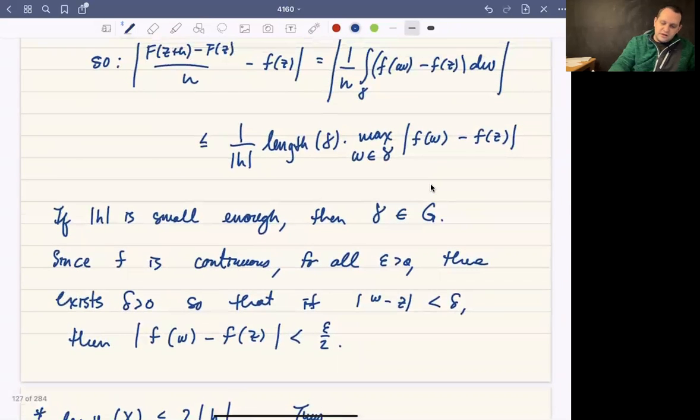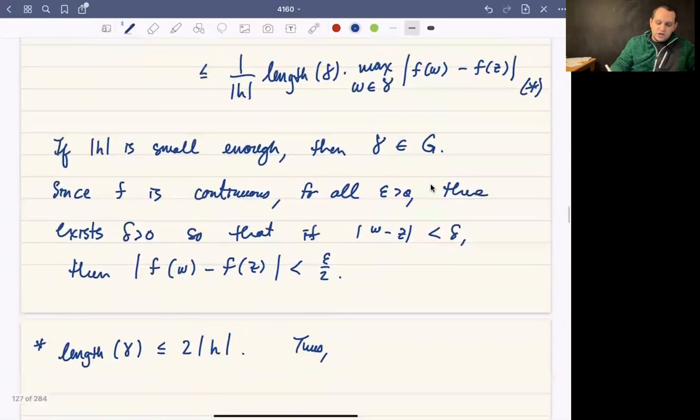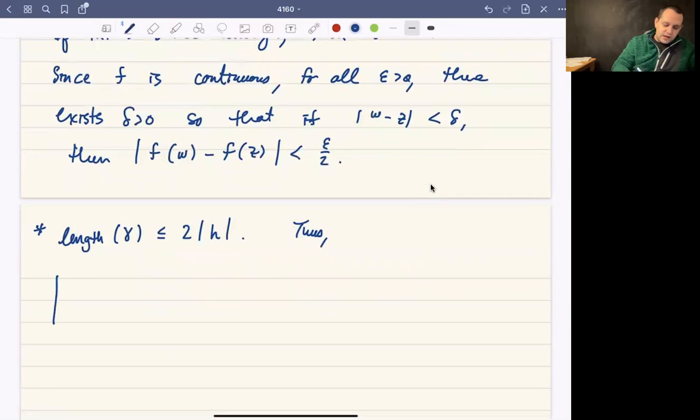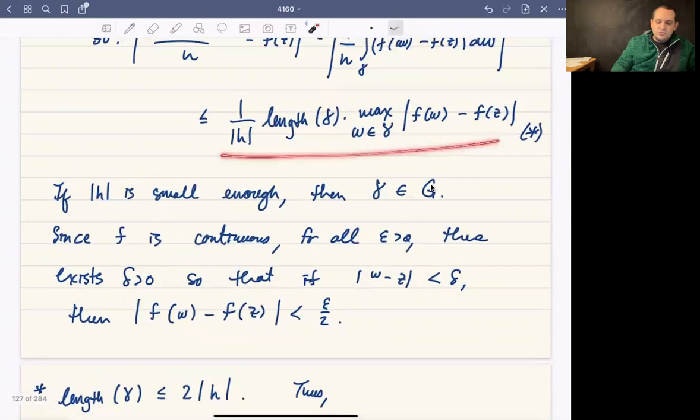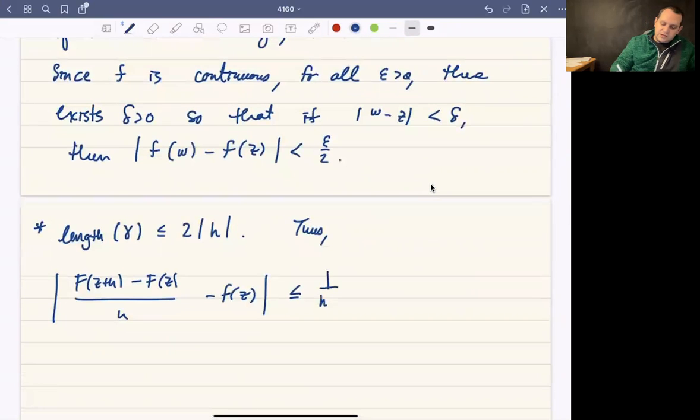And then with that, if we call this star, what this shows is that the modulus of capital F of z plus h minus capital F of z, all over h, minus little f of z, I'm just going to rewrite what we have, is less than or equal to 1 over the modulus of h times the length of gamma times the maximum value of the modulus of f of w minus f of z, where the maximum is taken over all w in gamma.